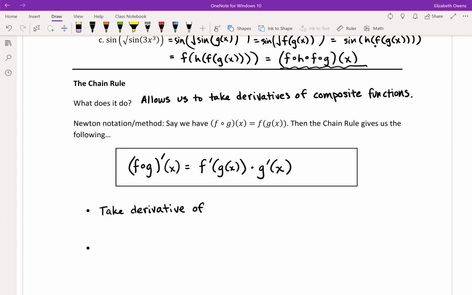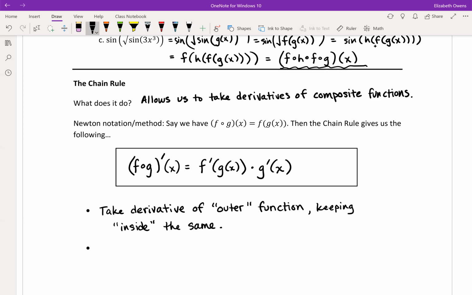So I often call that the outer function. So take the derivative of the outer function, and you keep that same interior. Notice how g of x is still in there. We take f prime of g of x. So take the derivative of the outer function, keeping your inside the same.